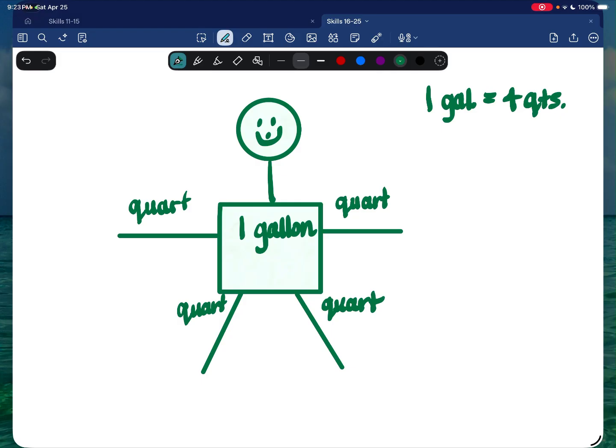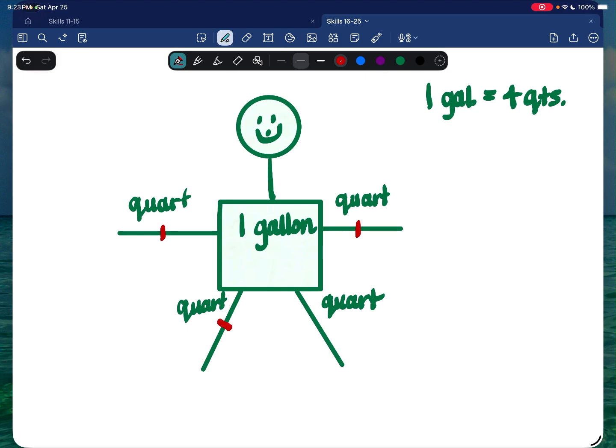All right, the next thing is to put in the elbow and the elbow and the knee and the knee. These are each a pint. So there's a pint, there's a pint, here's a pint, here's a pint, here's a pint.